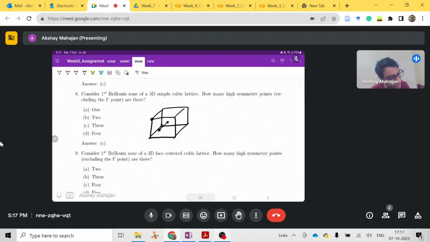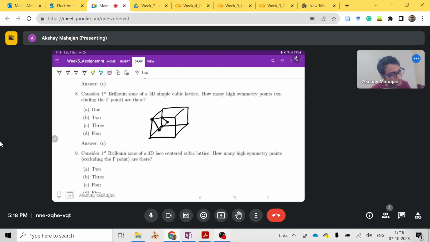There will be one corner point that I need to take care of. Alright, there will be one at this face center as well. You can just check that, and all the other points will be more or less the same. So other than the gamma point, there will be 3 points, and you can go to your lecture notes and see more about it.